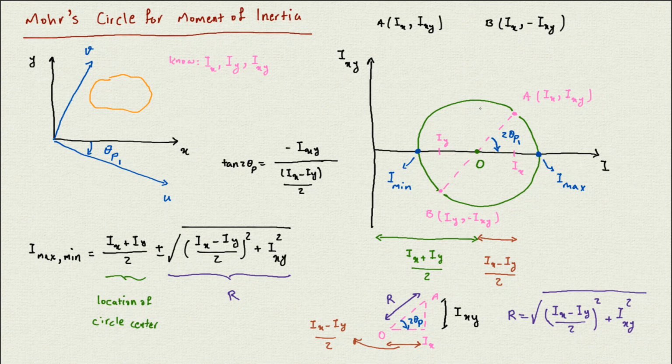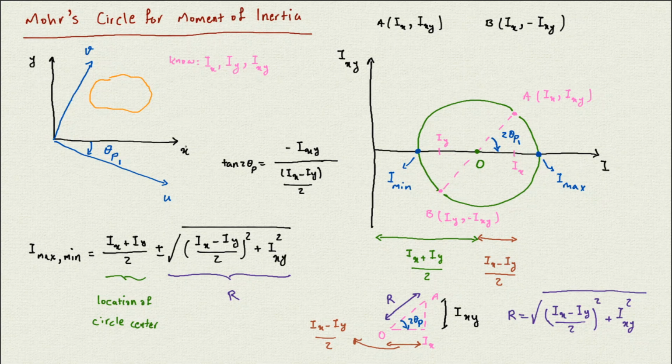For example, if I rotate 15 degrees counterclockwise, I come to point A, and on the circle I have to rotate 2 times that, so it's 30 degrees. So I rotate from point A 30 degrees counterclockwise and end up at one point on the circle. The I value and ixy for that point are the I and ixy associated with the rotated axis.